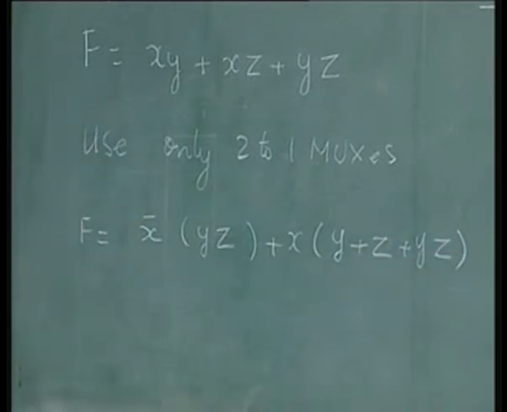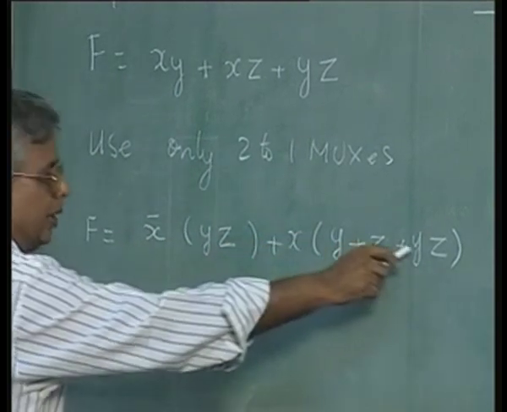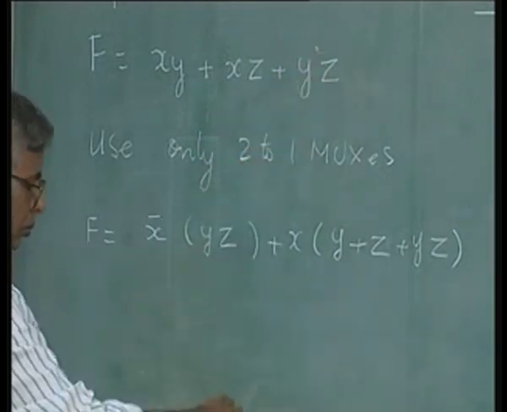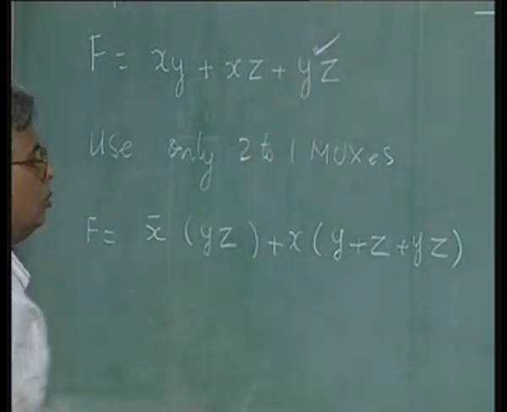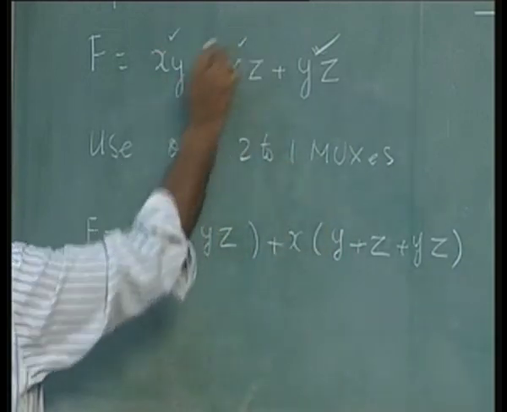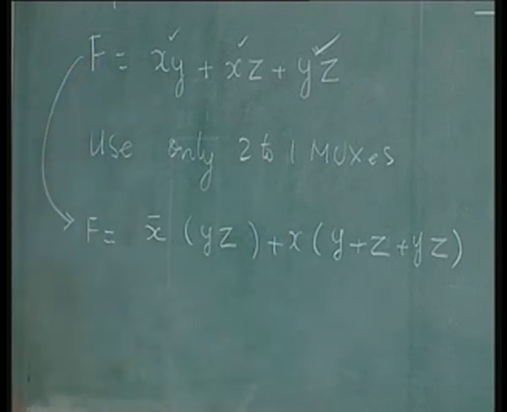Let us see whether it is right. See, this x bar yz combines with x yz to become yz, which is this term. Then there is the xy term, there is the xz term. That means I have succeeded in rewriting this f in this form.